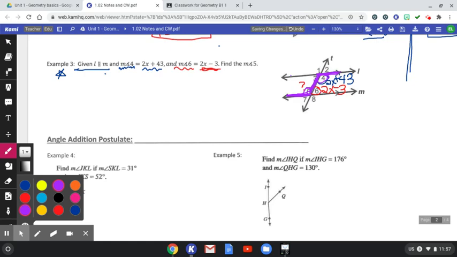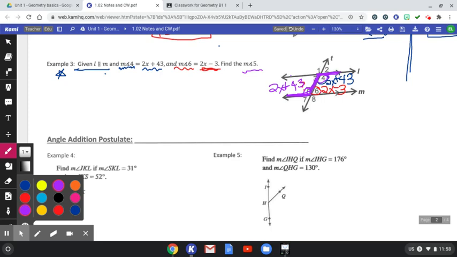That 2x plus 43 jumps down here. But can we just say the measure of angle 5 is twice the value of x plus 43? No, I want to know how far open it is. I want its angle measure, not the expression it's represented by.